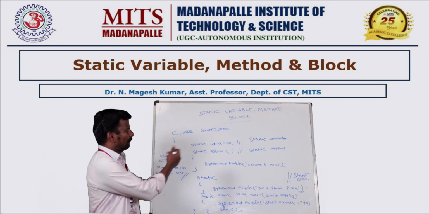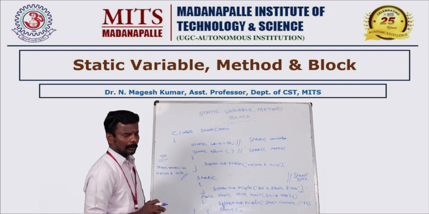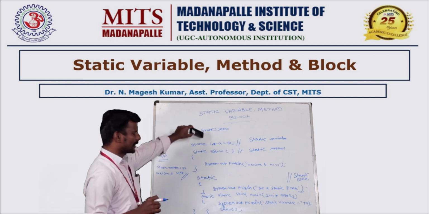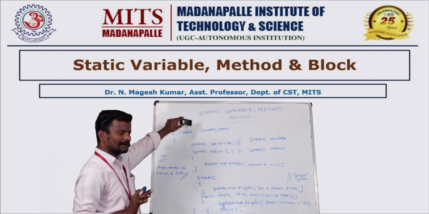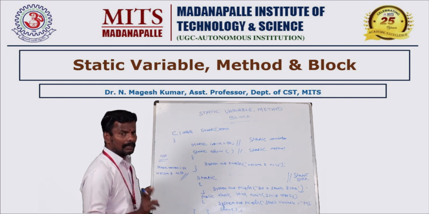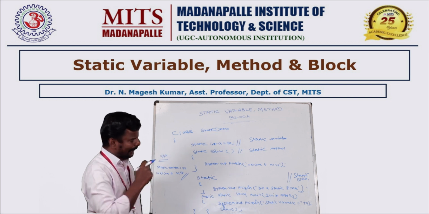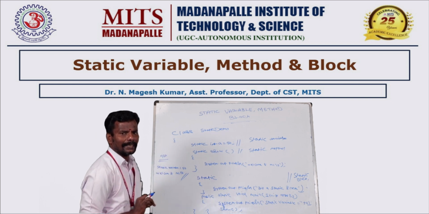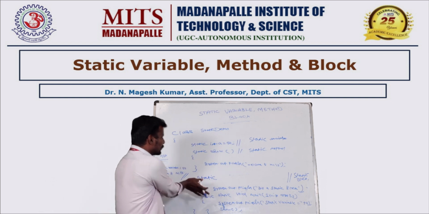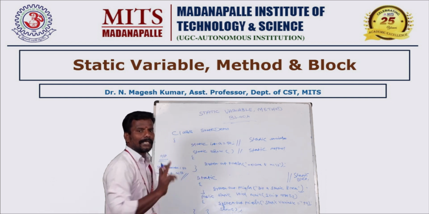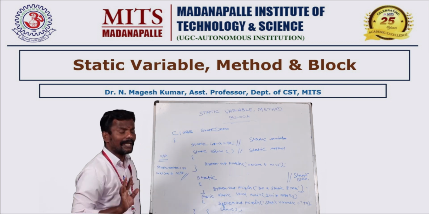Now we want to execute this program, so what output are we expecting? Already I told you, we access the static variable directly and the static method directly. But how is the static block executed? The static block will be executed without any explicit call at all.